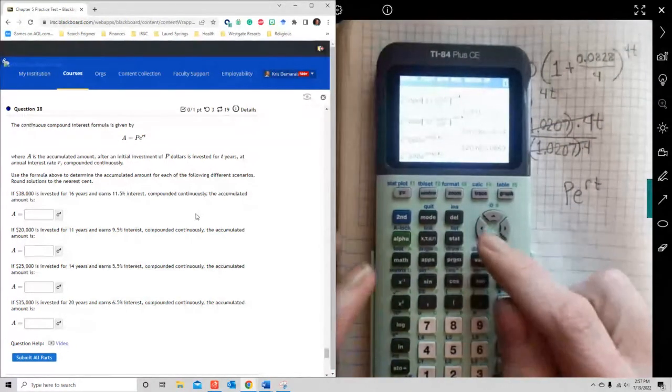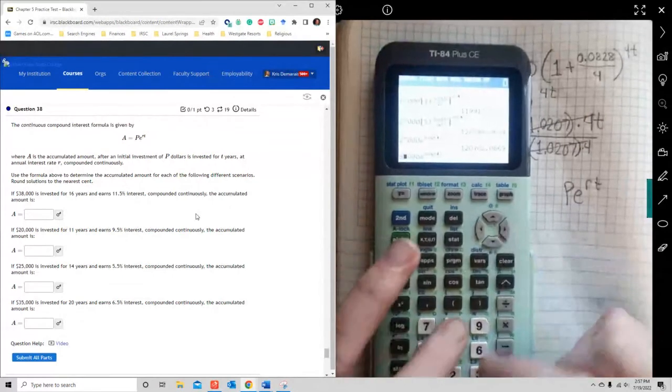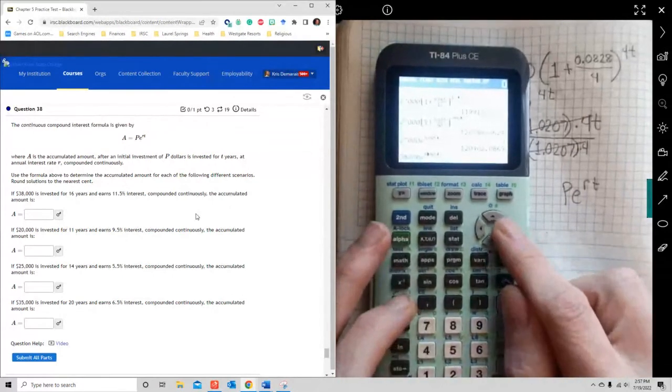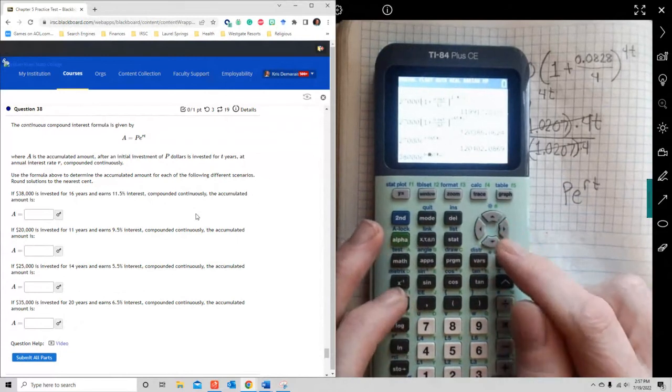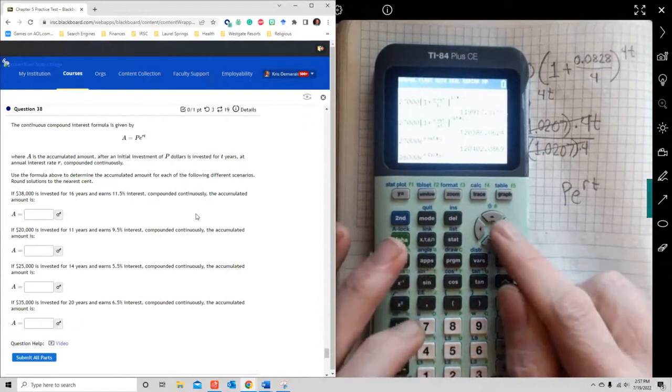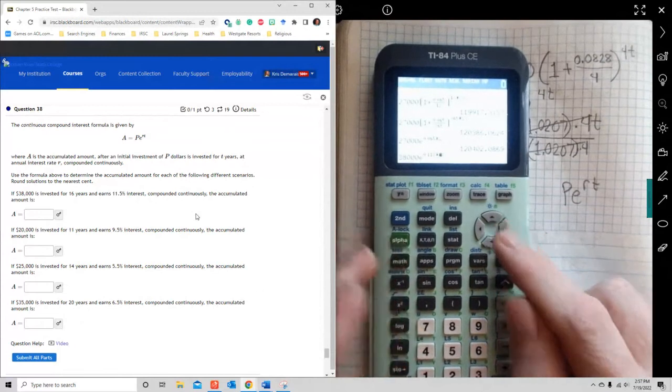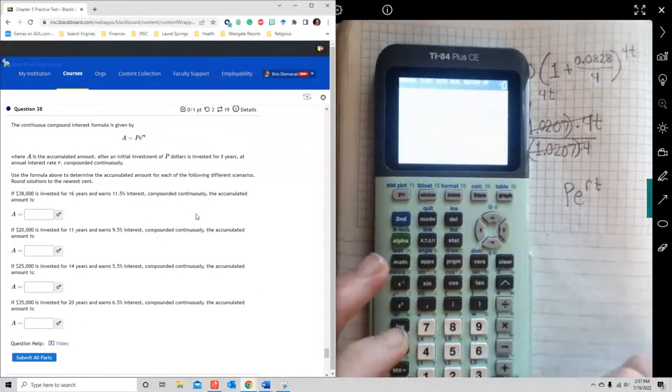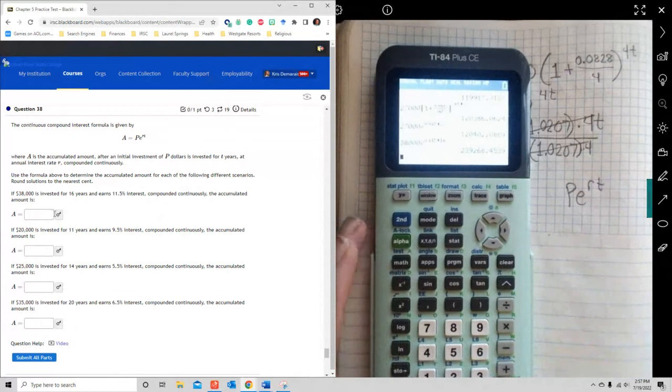So it's 38,000, so 38, and it's already there, and it's 11.5%, so it's going to be 0.115. And then it's for 16 years. So I have my answer in front of me.